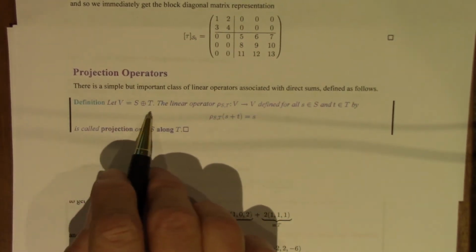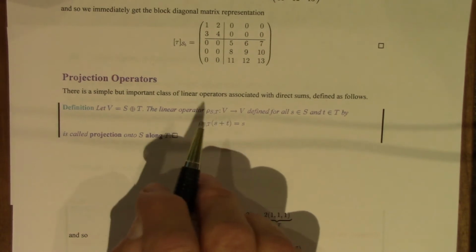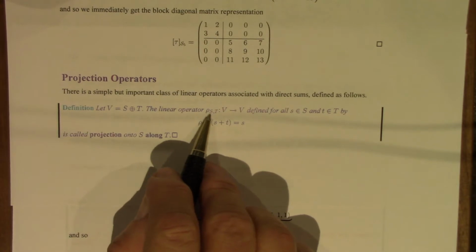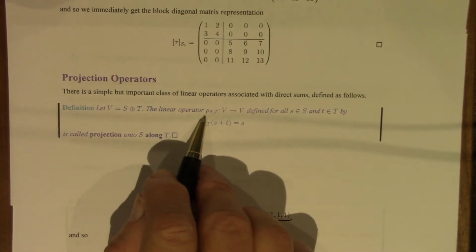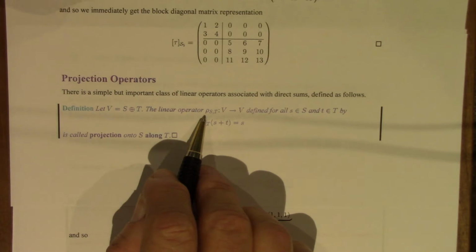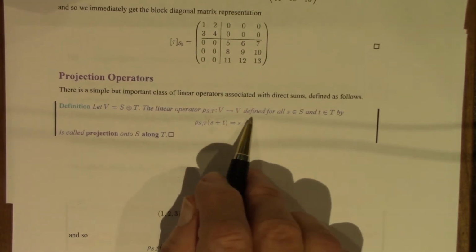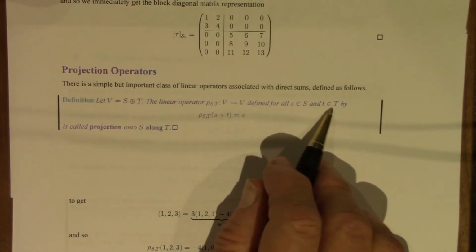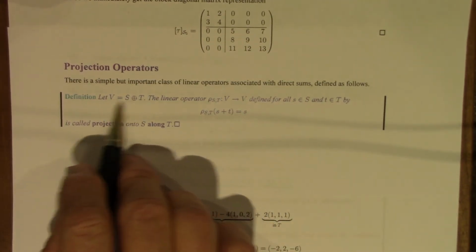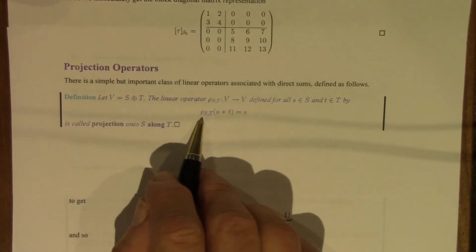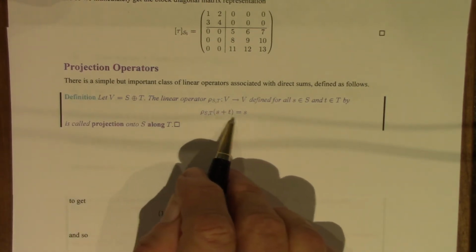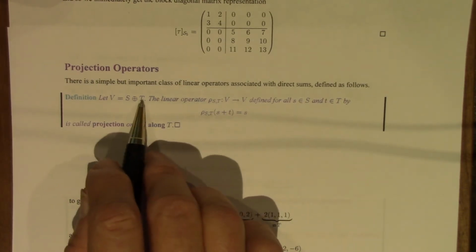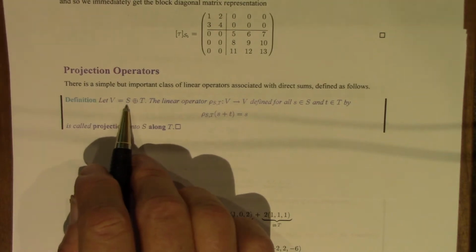If V is a direct sum of S and T, then the linear operator, which I will denote by rho sub S comma T (this is the Greek letter rho, R-H-O), is defined this way for all vectors s in S and t in T, so that's essentially for all vectors in V: rho sub S comma T of s plus t is just s. Toss away the capital T component, keep only the capital S component.